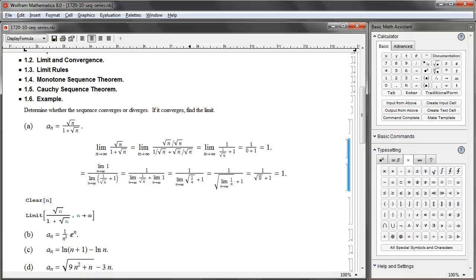Follow everything to the utmost detail. So here, split the limit by the limit rule, numerator and denominator. And then for the numerator, you can use the trivial limit rule, that's 1. Denominator, you can split them, again the limit rule.